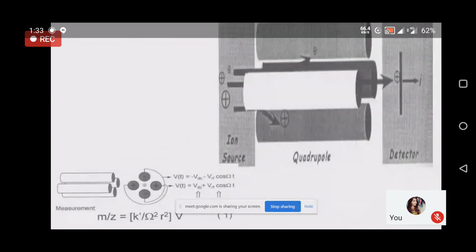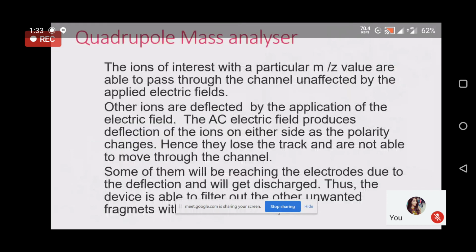Now, this explains the physics of the quadrupole analyzer, how the two fields, the direct and alternating, are able to select one M by Z. But we are not going into that part because it requires a lot of equations and the relationship with M by Z, the oscillating electric field, the frequency of the oscillating electric field, that is omega. And we don't want to get involved in that because I feel it's more of physics. Yes. Anything else?